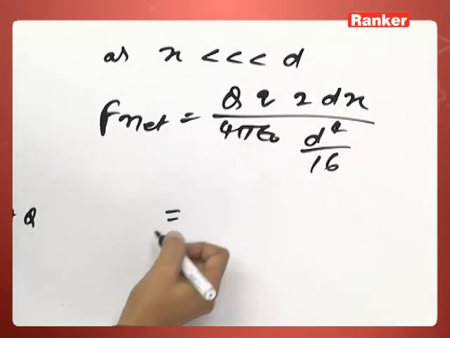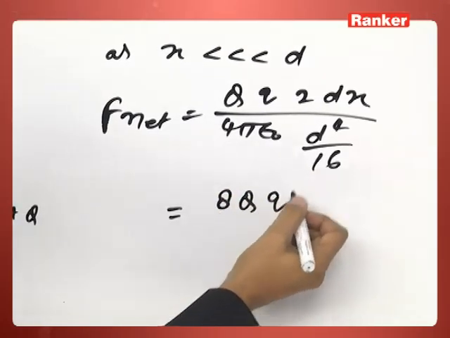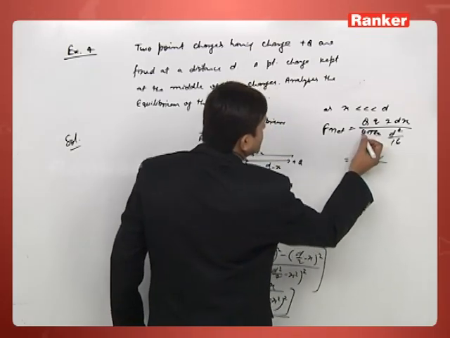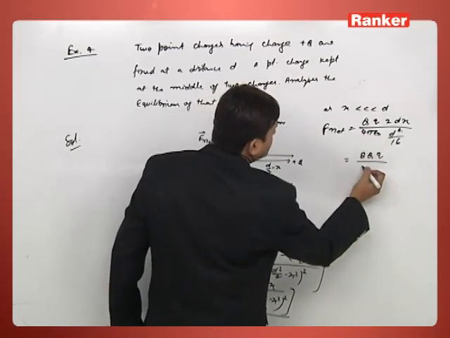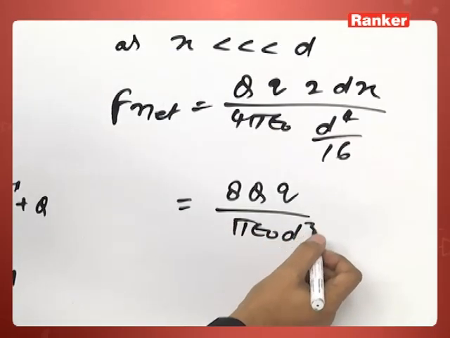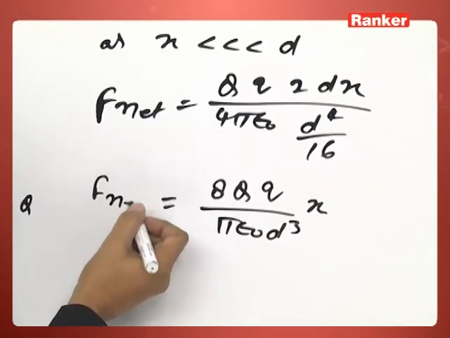So this becomes 8q by pi epsilon naught d cube into x. This is your F net.